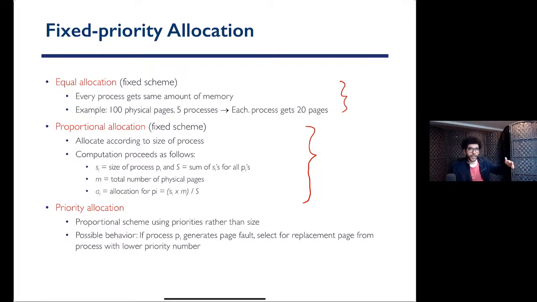So maybe your programmer says, I have these two processes. The weight of this process is twice as much as this process. So it could just be that you design an API and you ask your programmers to set these weights. So that's one way. And then you allocate based on the priorities.